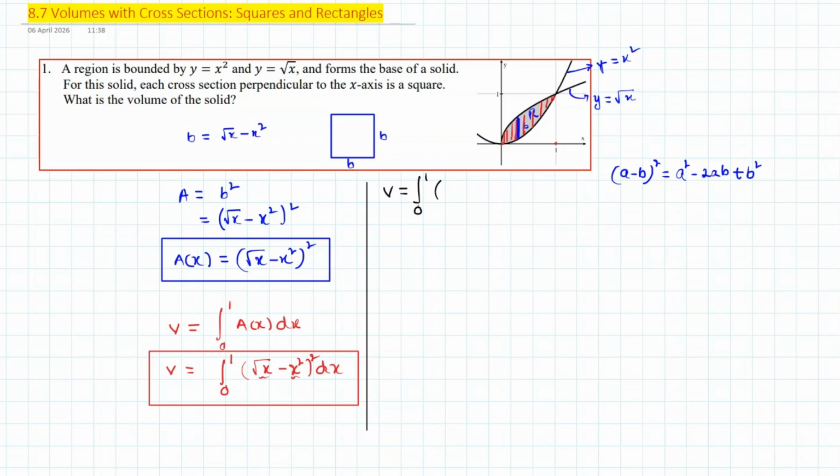So a squared is root x squared, minus 2 times ab, that is the square root of x times x squared, plus b squared, that is x squared whole squared, times dx.